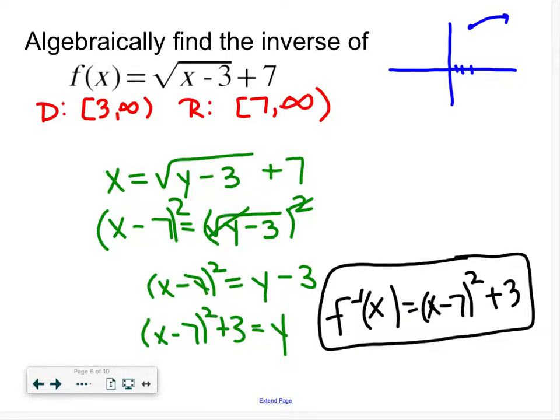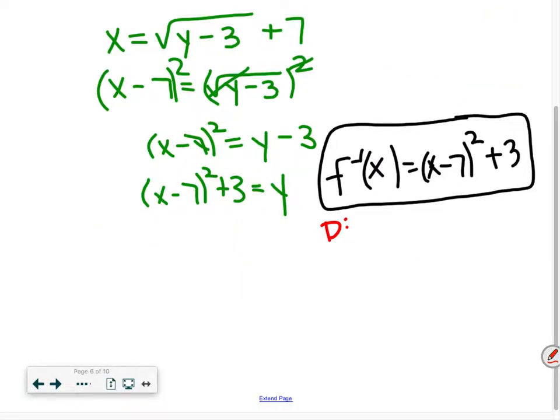So we identified the domain and range up here for our original square root function. What do we have to do with those? Switch them for our inverse. So this is something that you'll need to add to your green sheet. The domain of this is 7 to infinity, and the range of our inverse is 3 to infinity.